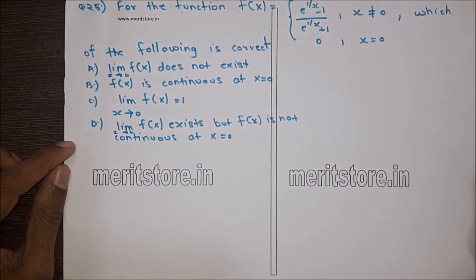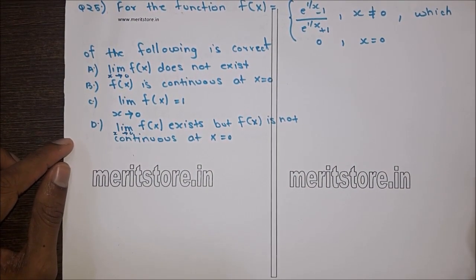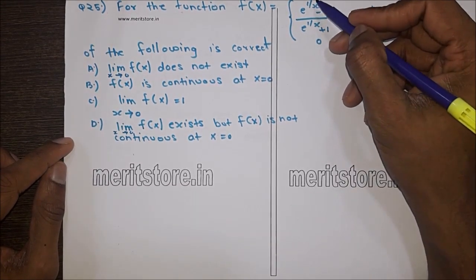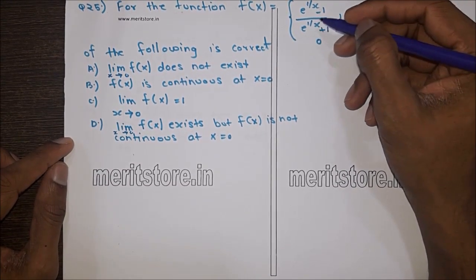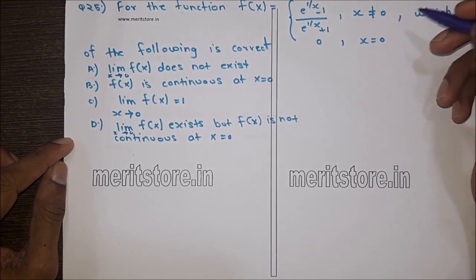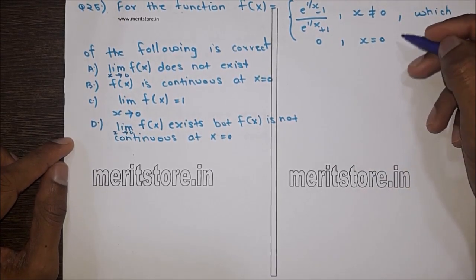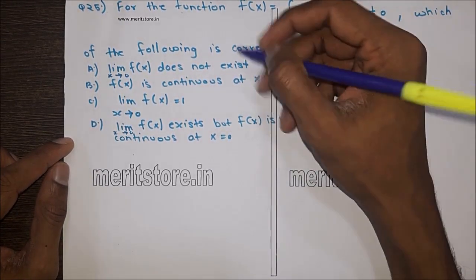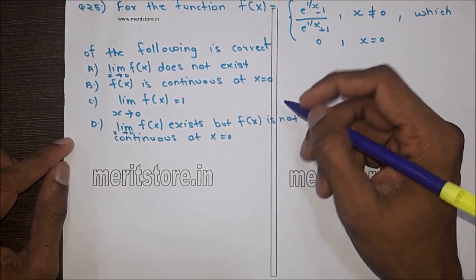Question 25. For the function f of x is equal to e raised to 1 by x minus 1 upon e raised to 1 by x plus 1, where x is not equal to 0, and 0 for x equal to 0, which of the following is correct? We are given 4 options.